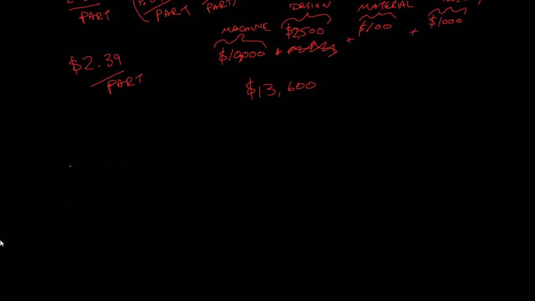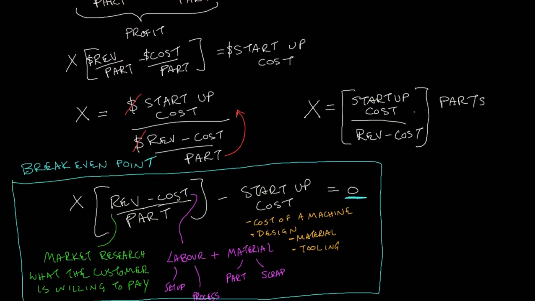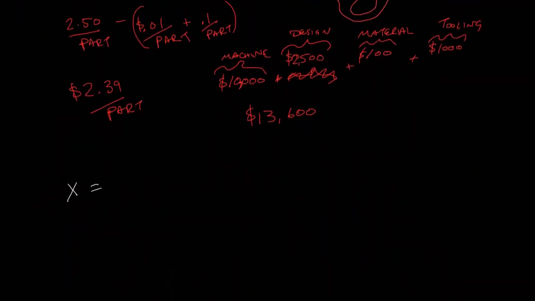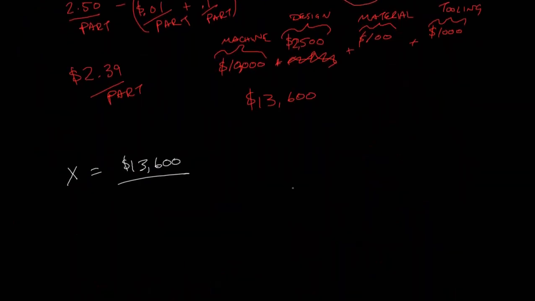So X is equal to, we'll go back to our nice formula here, $13,600 divided by $239 per part.